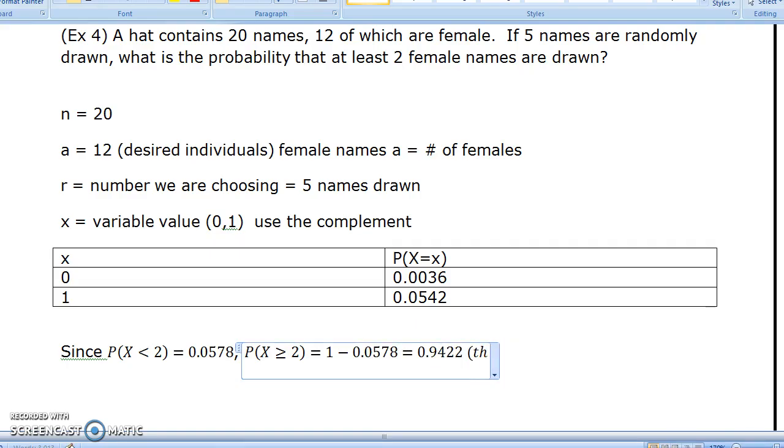This is the complement, right? Using the complement.